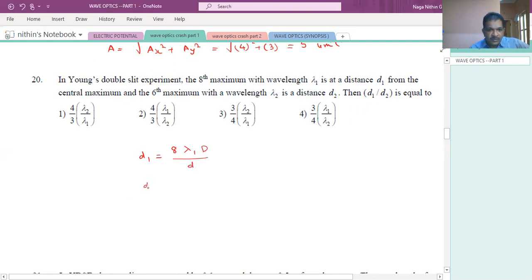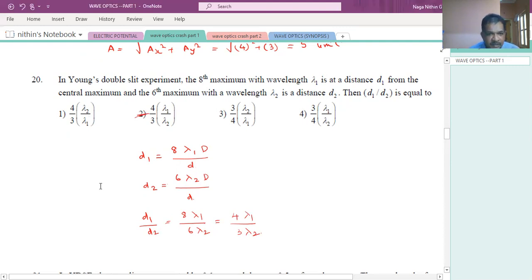Okay, d2 is equal to how much? 6 lambda 2 capital D by small d. d1 by d2 how much? Capital D and small d will cancel. 8 lambda 1 by 6 lambda 2. That is 4 lambda 1 by 3 lambda 2. This is the answer for it.